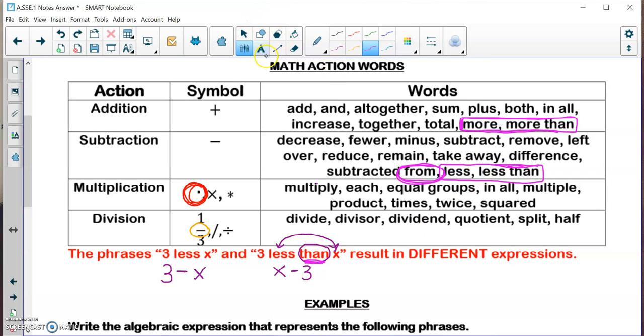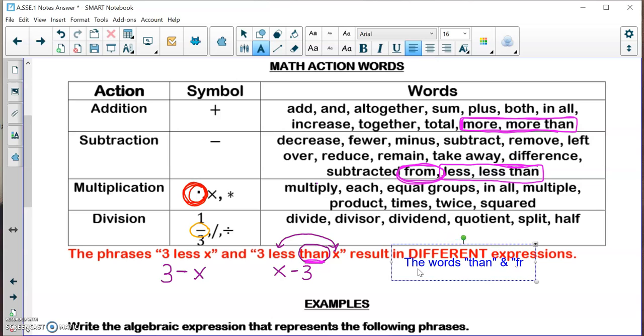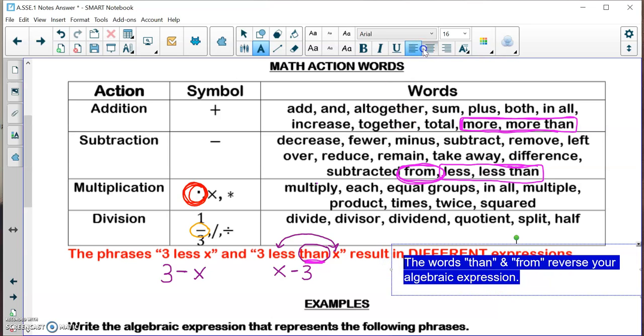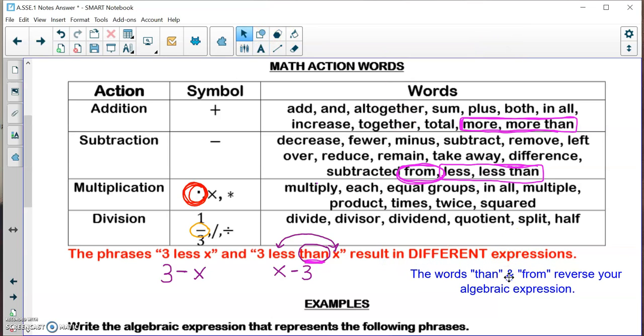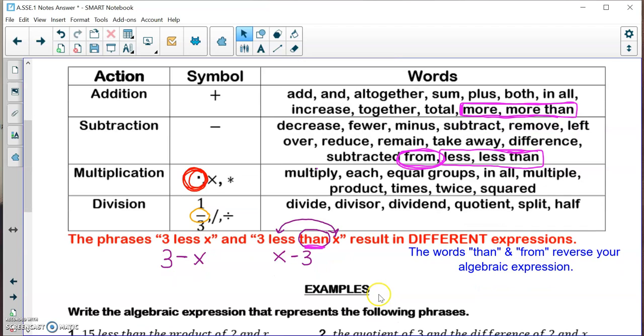So, you might want to put a little blurb in your notes that says something like the words than and from flip, or let's just put reverse your algebraic expression. All right. So if I say 3 subtracted from x, that would also be an x minus a 3.